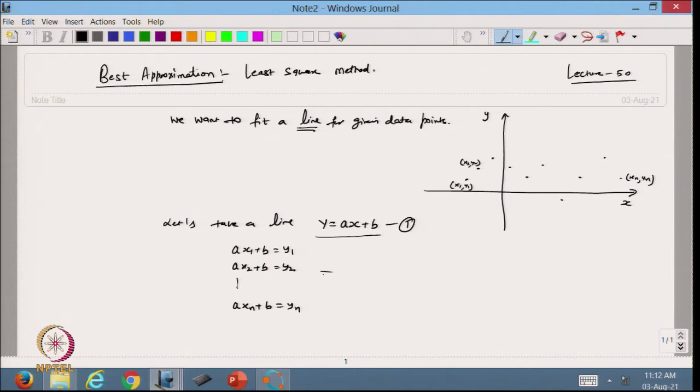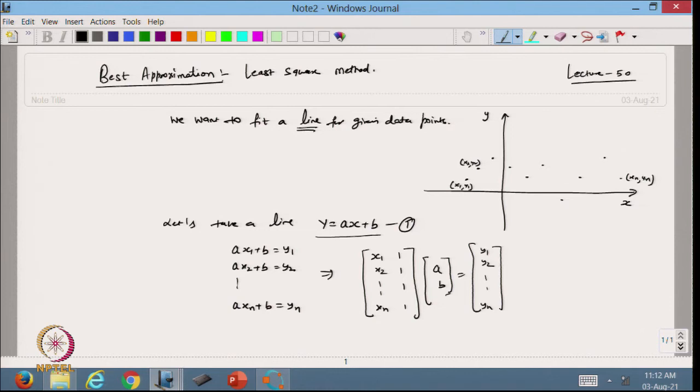Now from here, if you see, I can write this in matrix form. This is x1, x2, xn, and this is 1, 1, 1, all these ones, and here I can take a, b, and this is equal to y1, y2, yn.